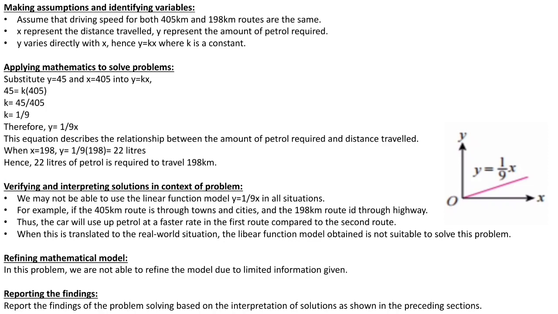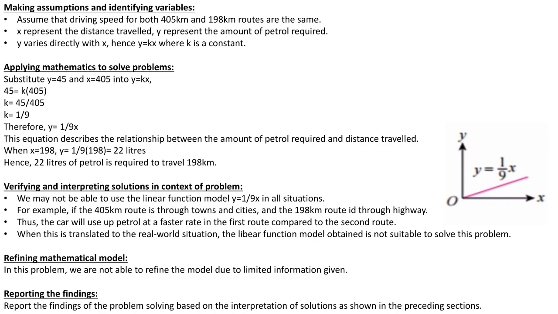This equation describes the relationship between the amount of petrol required and the distance traveled. When x is equal to 198, y is 1 over 9 times 198, which equals 22 liters. Hence 22 liters of petrol is required to travel 198 km.